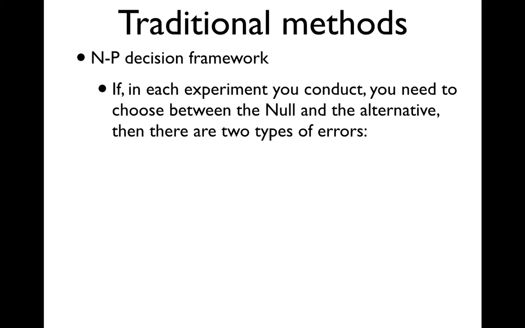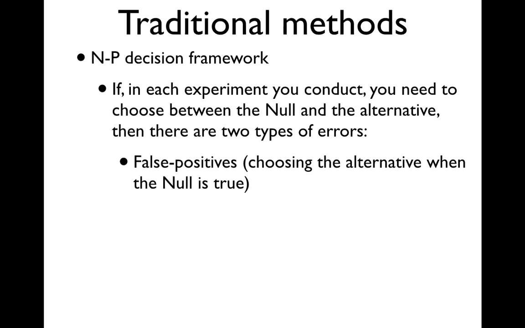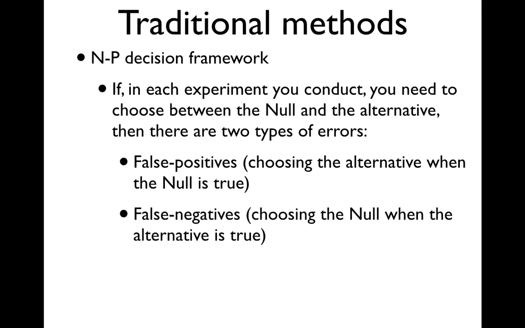If in each of the experiments you conduct you need to choose between the null and the alternative, there are two types of errors you can make. This should be very familiar because this is almost the diagnostic world. There are false positives, when you choose the alternative when the null is true, and false negatives, when you choose the null when the alternative is true.